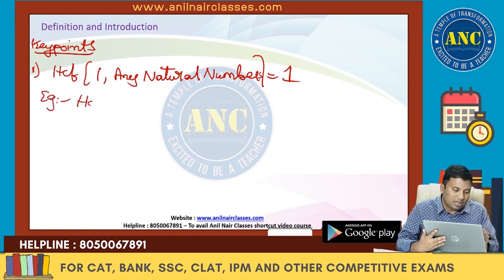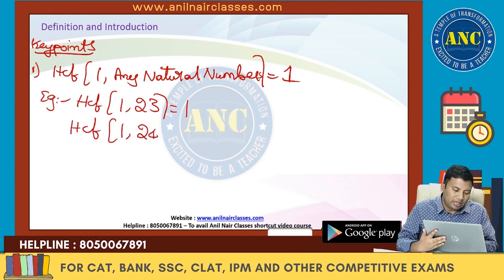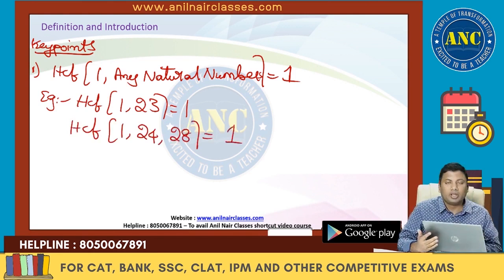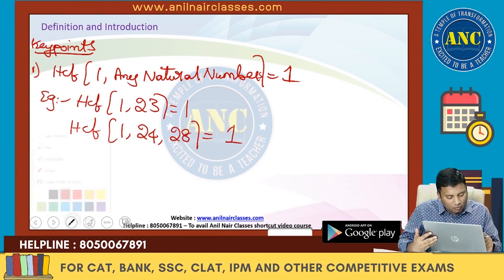Example, HCF of 1 comma 23 is 1. HCF of 1 comma 24 comma 28 is also 1. HCF of 1 with any natural number is 1.